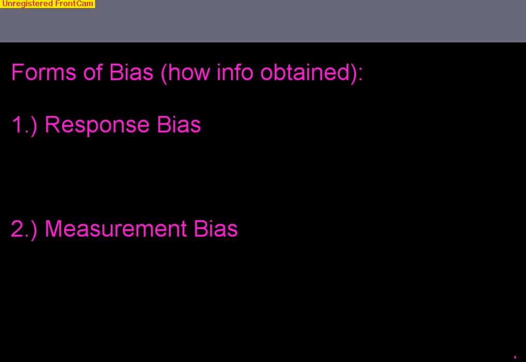Response bias has nothing to do with the responses. It's the fact that how you ask the question, how you word the question, causes the response you get to be biased. Think about response bias. It has nothing to do with the opposite of non-response bias. Response bias means the response that you get is biased.